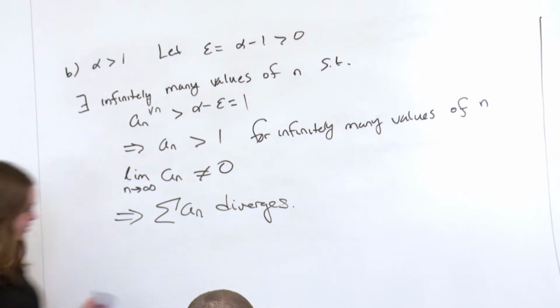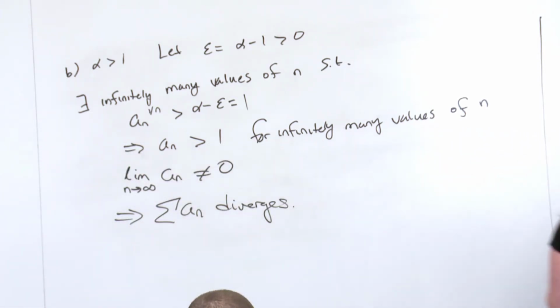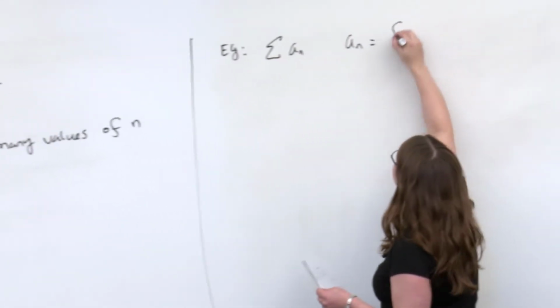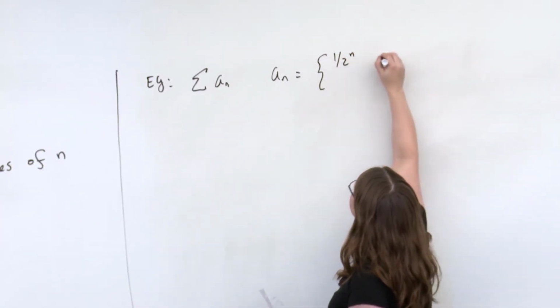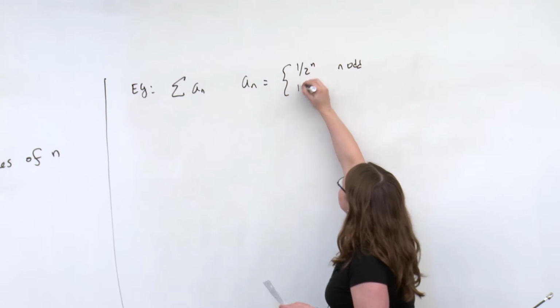So we can come back to our earlier example and see if we can get a little farther with that. Again, we're adding up all of these a_n's, where a_n is either 1 over 2 to the n or 1 over 3 to the n.